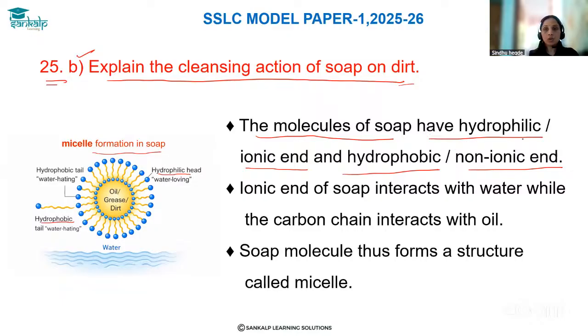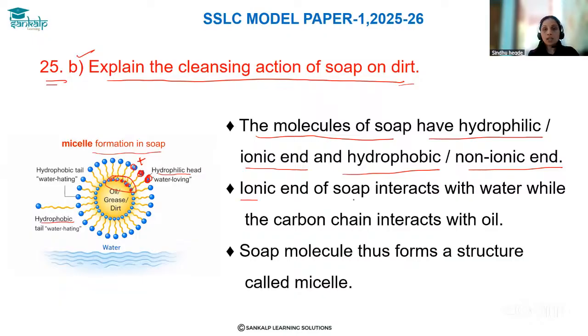One is hydrophilic, that is called ionic. And another one is hydrophobic, or it is called the non-ionic end.